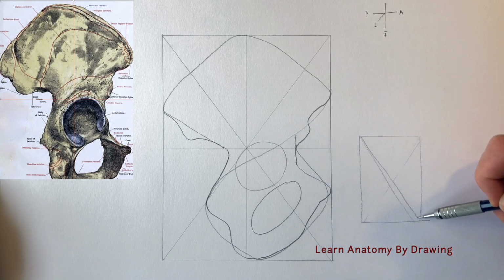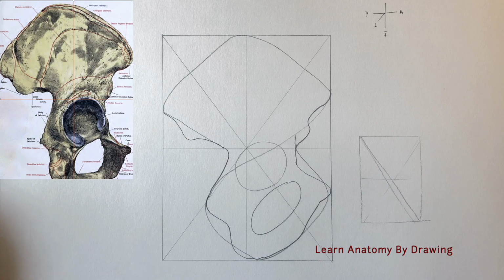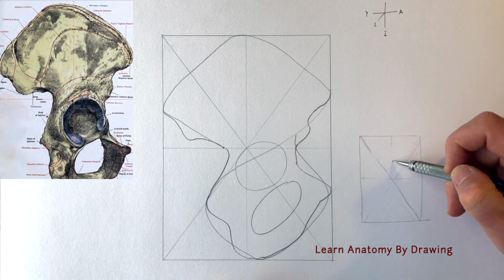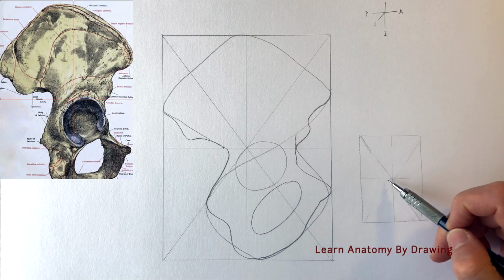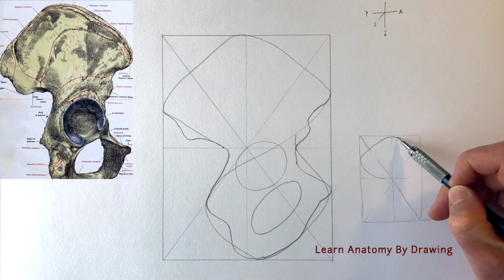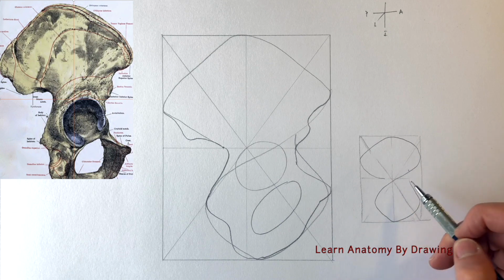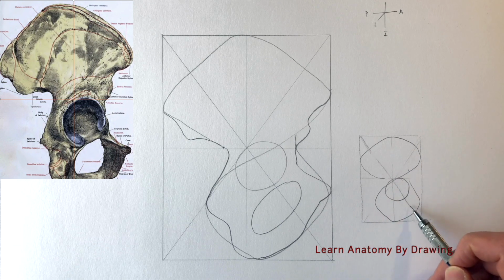Doesn't have to be too right. Just get rid of that line. And down the middle here. Come across, down and up. Put in our acetabulum.